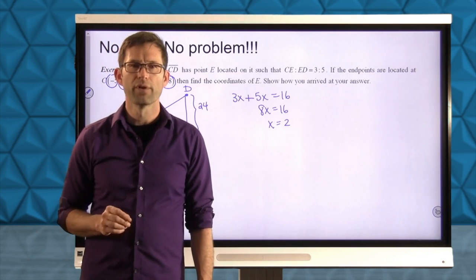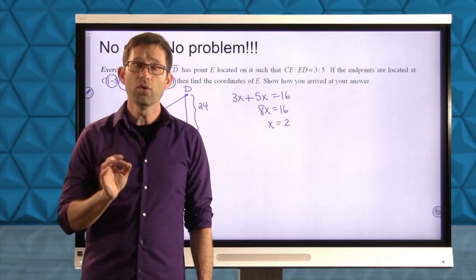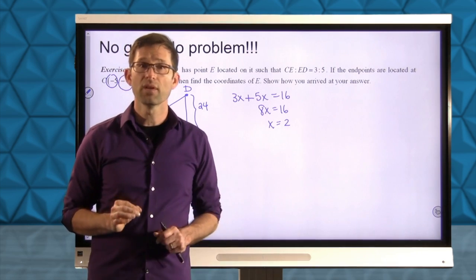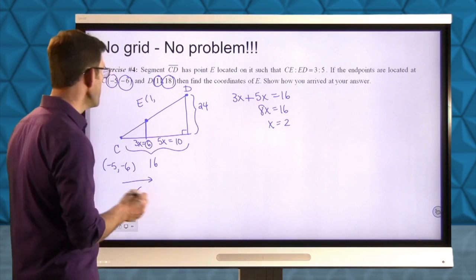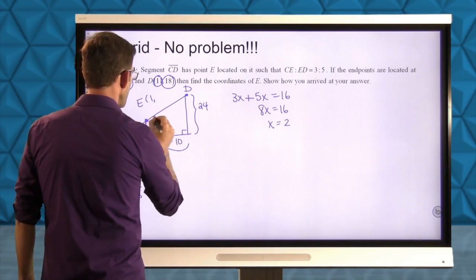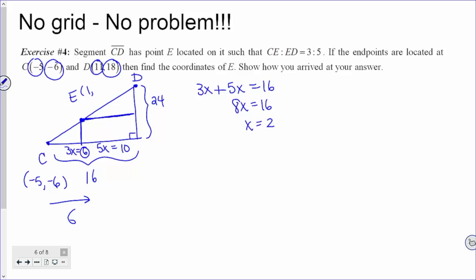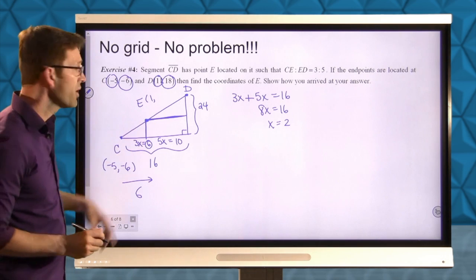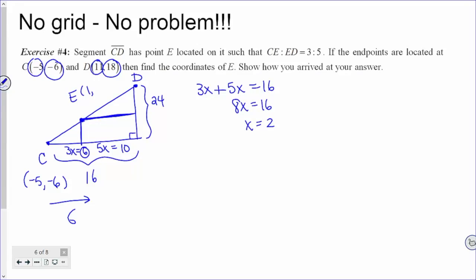How can we now figure out the y-coordinate? We can do that by doing exactly the same thing that we just did, except in the vertical direction. All right? And here's what I mean. What I'm going to do now is I'm going to draw this in. Now remember, it's 3 to 5, 3 to 5, 3 to 5. And I'm going to choose a different letter. I'm not going to use x anymore.